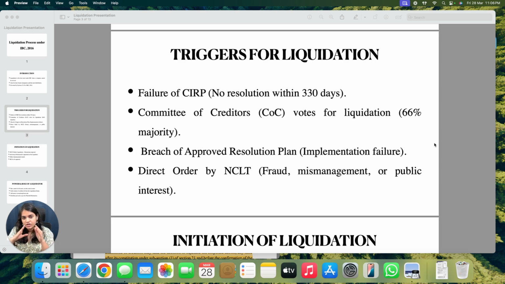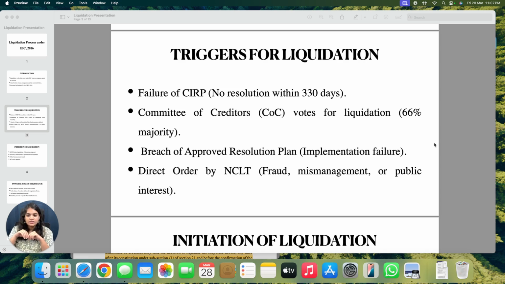Similar to the IBBI liquidation process regulations, the CIRP process is also governed by the IBBI CIRP regulations for corporate persons, wherein Regulation 39 BCD provides for the aspects that are to be looked into by the committee of creditors prior to either approval of the resolution plan or prior to approval of the liquidation. So let us understand what these aspects are.